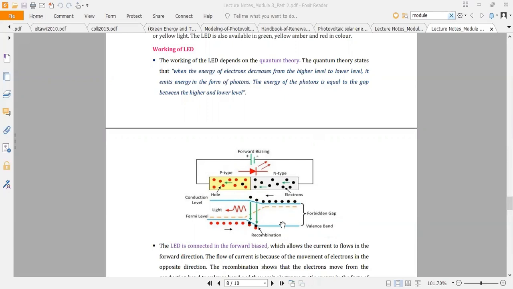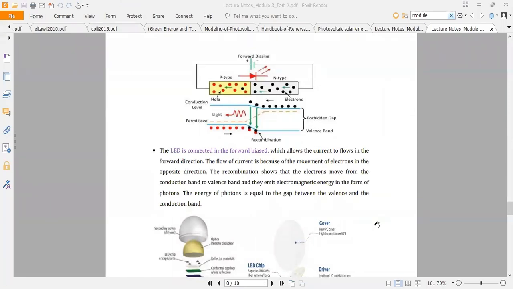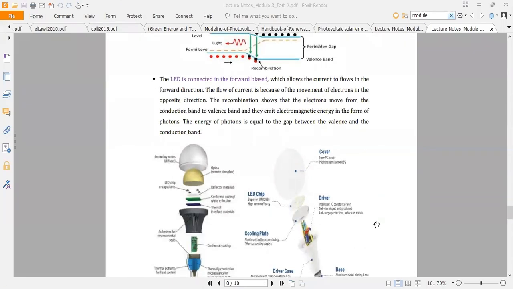And the energy of the photon is equal to the gap between the higher and the lower level. This is a simple quantum theory, and this working is completely based on this principle. We are familiar with this quantum theory, so I'm not going into so much detail.